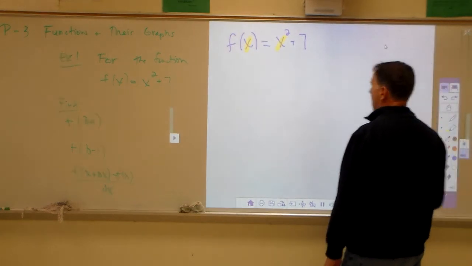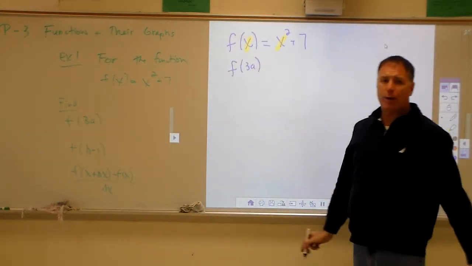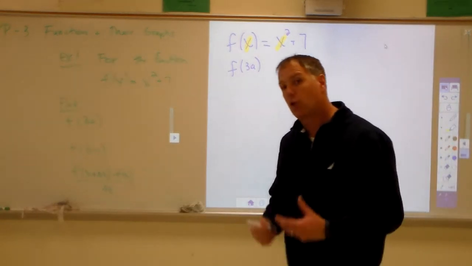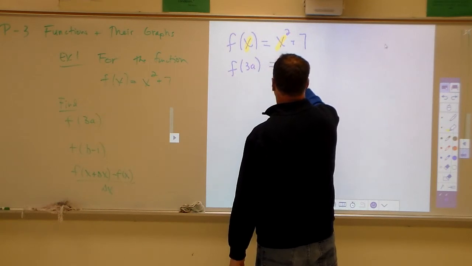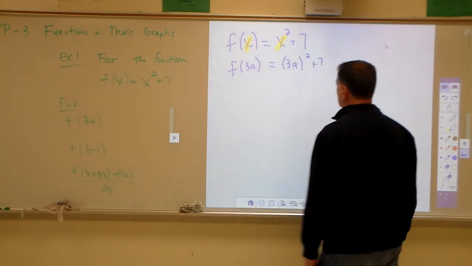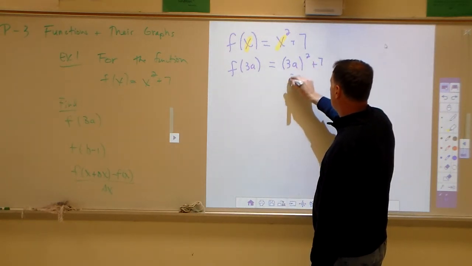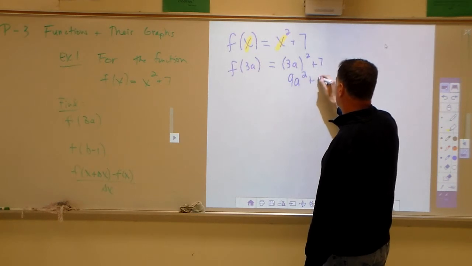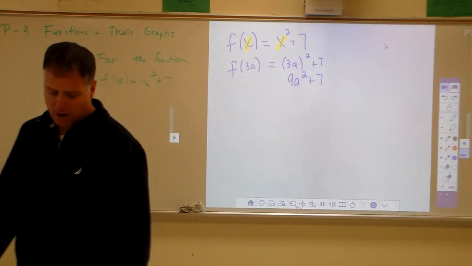Now I've got f of 3a, so I have to take 3a, square that, and then add 7. So I'm going to have 3a squared plus 7. 3a squared, 3 times 3 is 9, a squared. 9a squared plus 7, done.